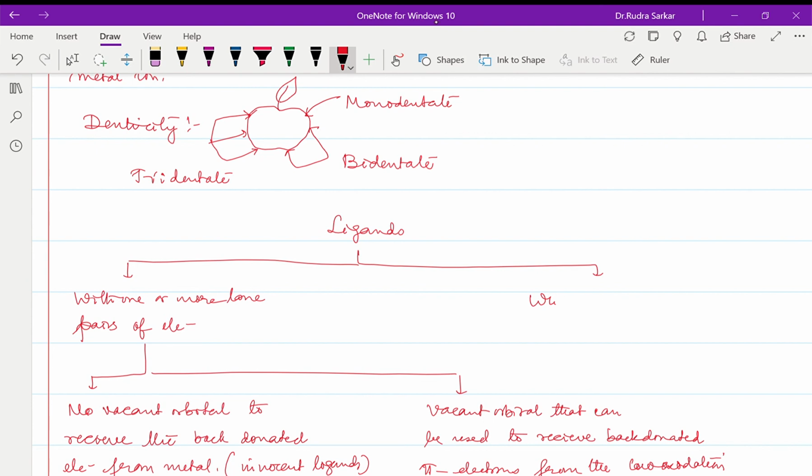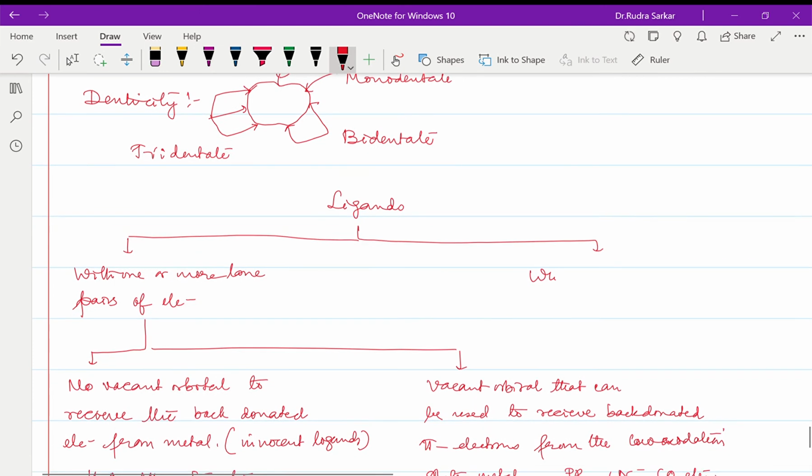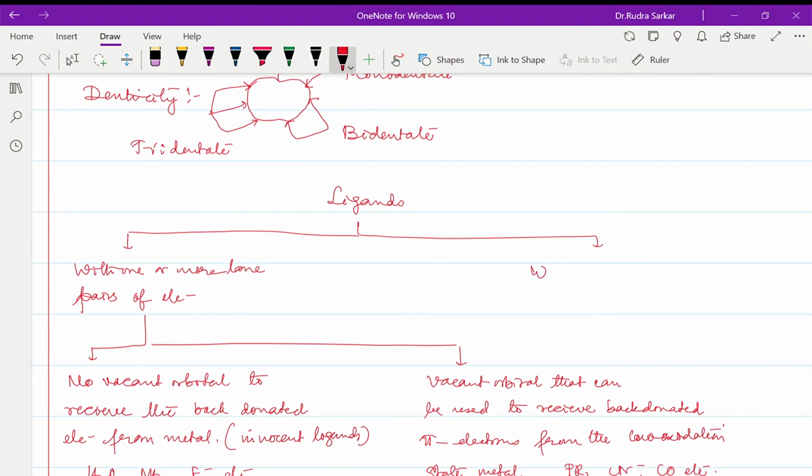Students will consider this one. Okay, listen. Hold on. Without a lone pair of electrons, but with pi bonding electrons. Okay, so donation can also happen from pi bonding electrons, such as ethylene.